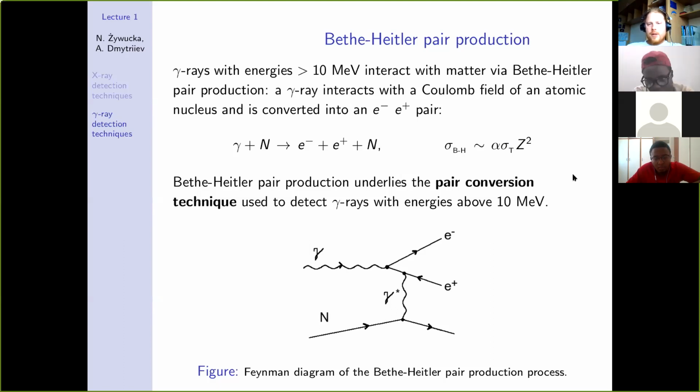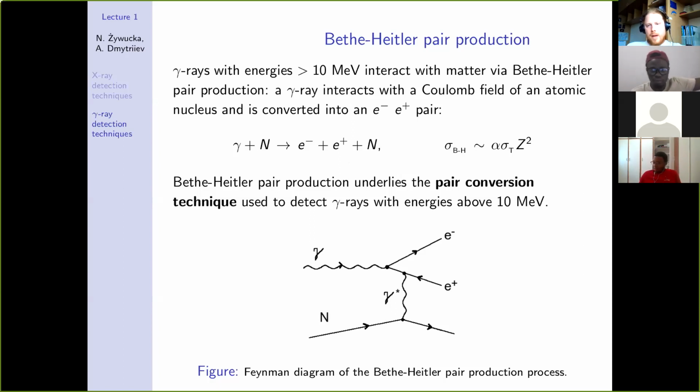So here I focus on the interaction of one single gamma ray with the atomic nucleus. A gamma ray colliding with the atomic nucleus is converted into a pair. And the cross-section of this process is proportional to Z squared, the square of the charge, and sigma Thomson is the Thomson cross-section.